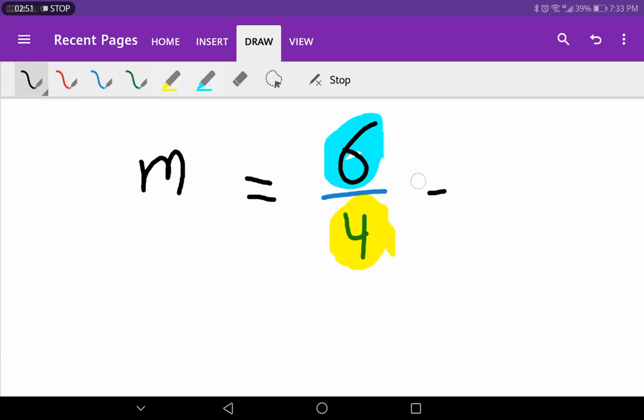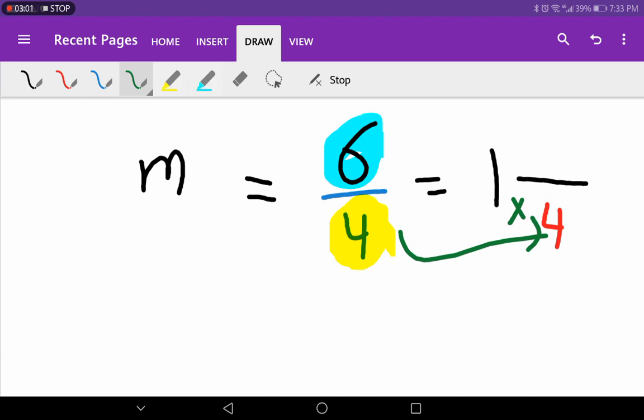Actually it is 1, and I draw this line, the 4 coming down here. I multiply 4 by 1 equals 4, plus how many steps do I need to reach the 6? Actually 2. So the answer is 1 and 2 over 4.